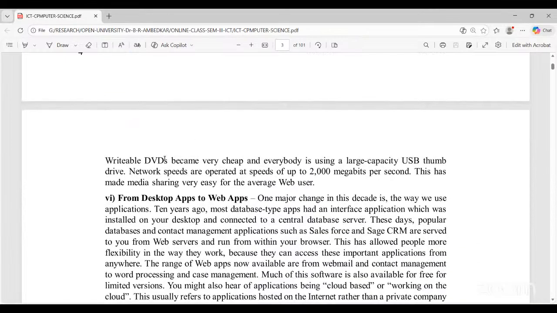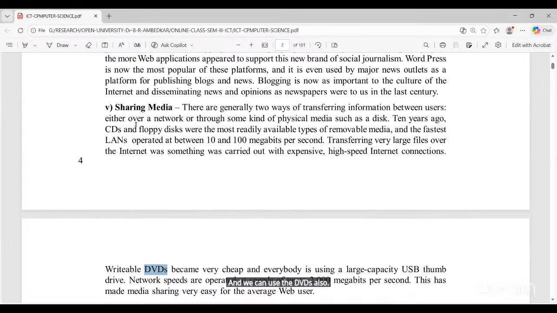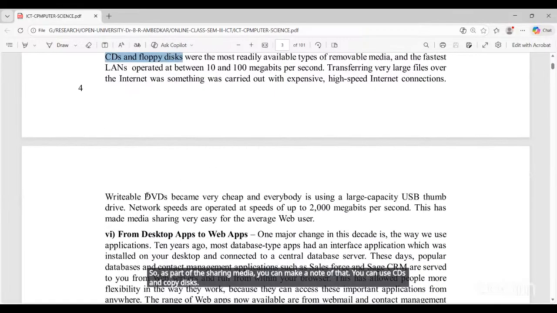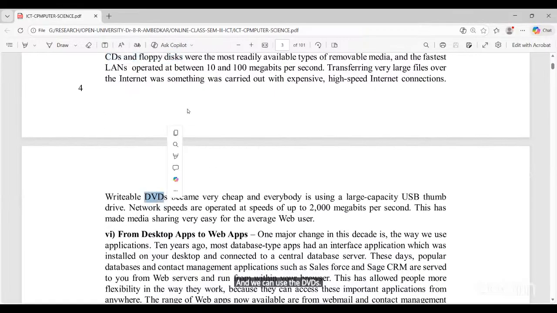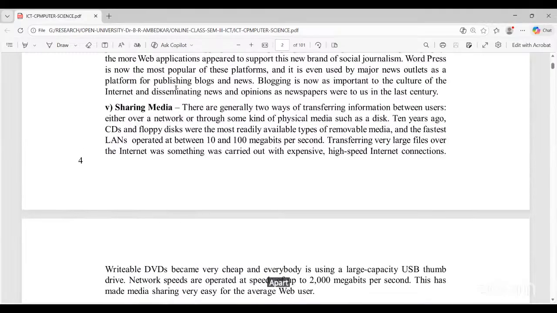And we can use DVDs also. So as part of sharing media, we can make a note that we can use CDs and floppy disks, DVDs, and apart from this, we can use the LAN, local area network.